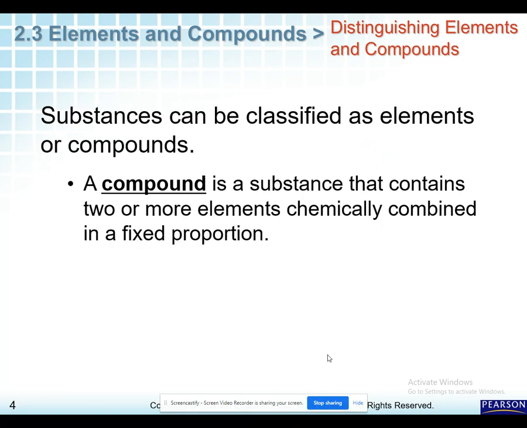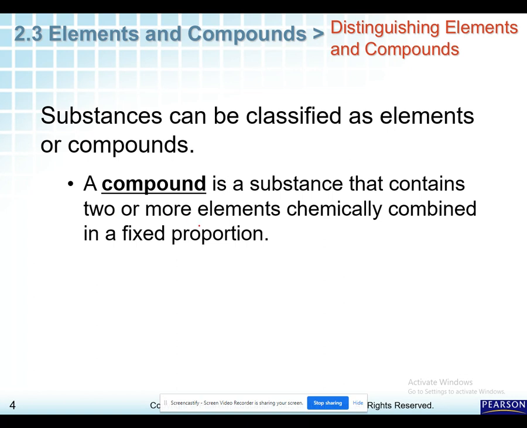Okay. So we talked about elements, but now we're going to hit the second part, compounds. A compound is a substance that contains two or more elements chemically combined in a fixed proportion. Let's break that down.